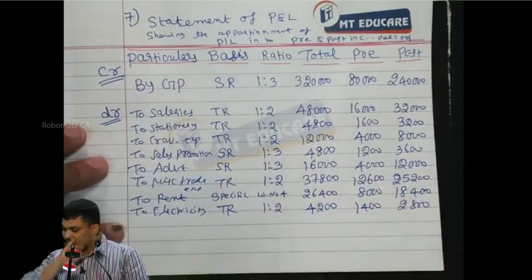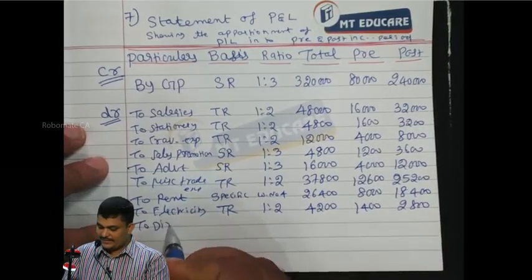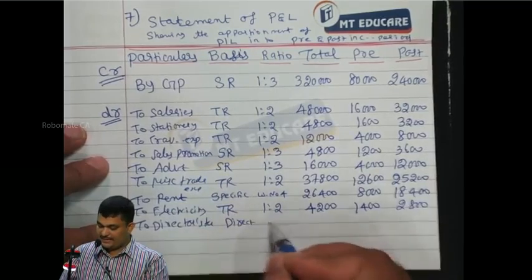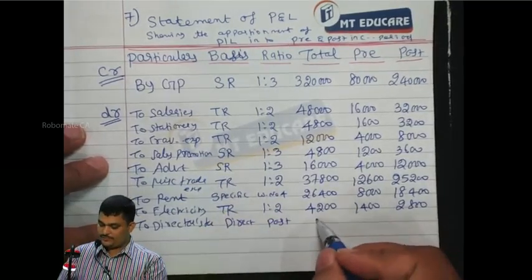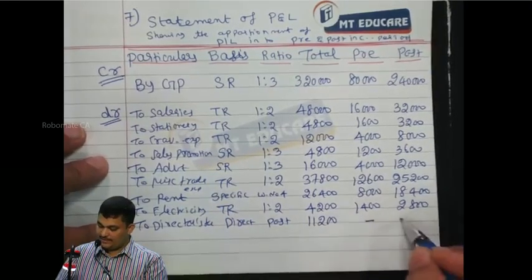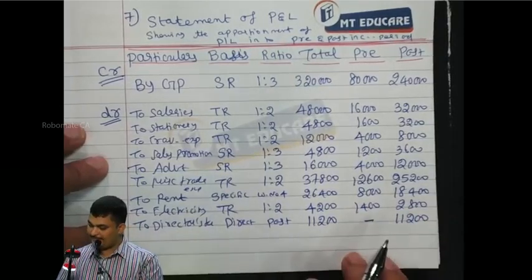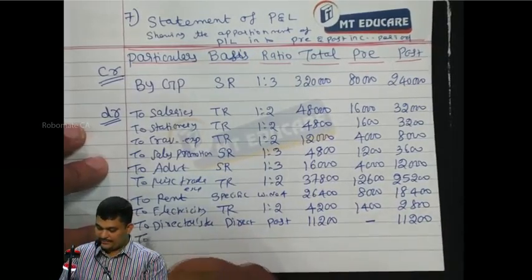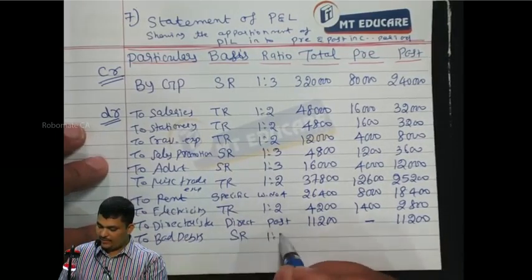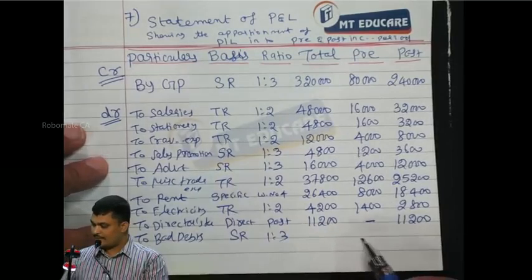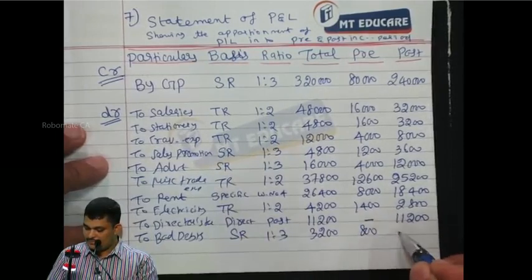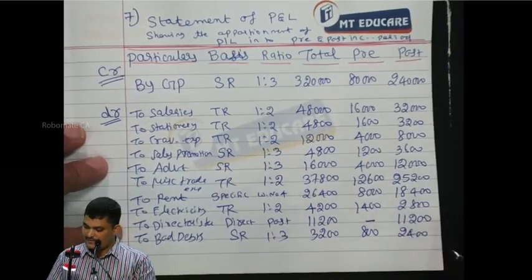Next, director's fee, direct allocation to the post, 11,200, nil, 11,200. Bad debts, sales ratio 1:3, 3,200, 2,400.